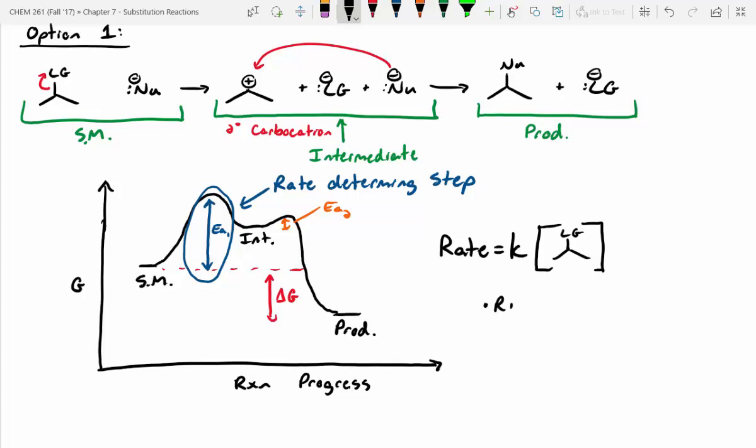And let's make a note. The rate limiting step involves the leaving group falling off.